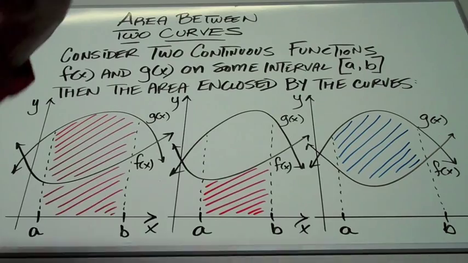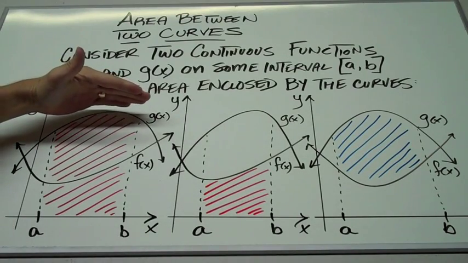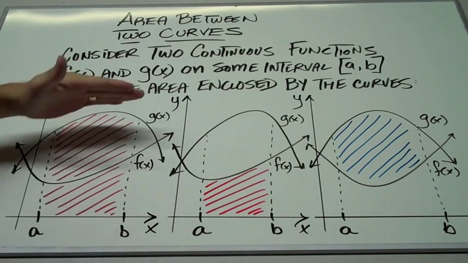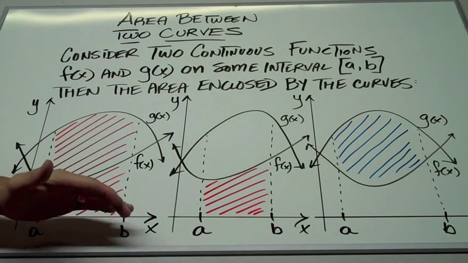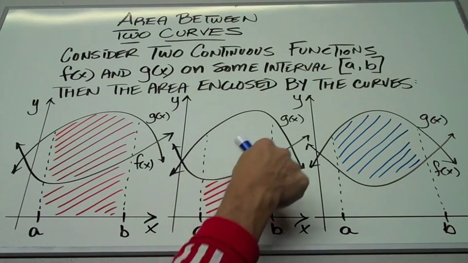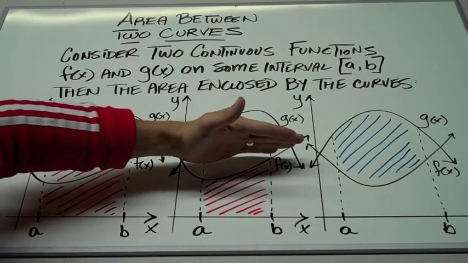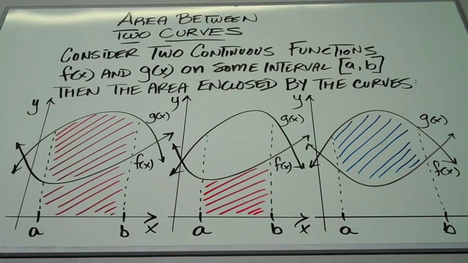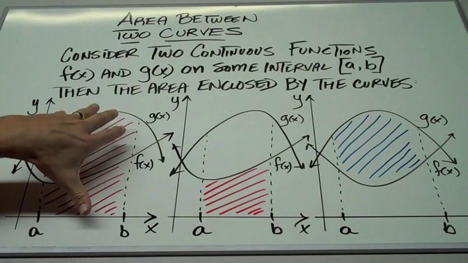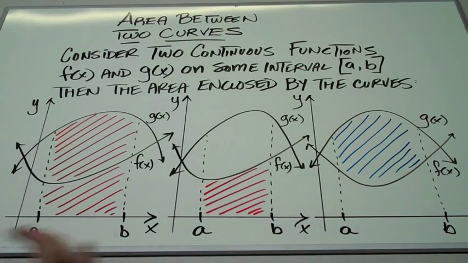Well, we can find that region by considering that this is the area under g of x. Anything from here down is under g of x. And if I consider this f of x, anything under f of x is here. So perhaps you can see that if you take the area under g of x minus the area under f of x, you'll be left with the area between the curves.